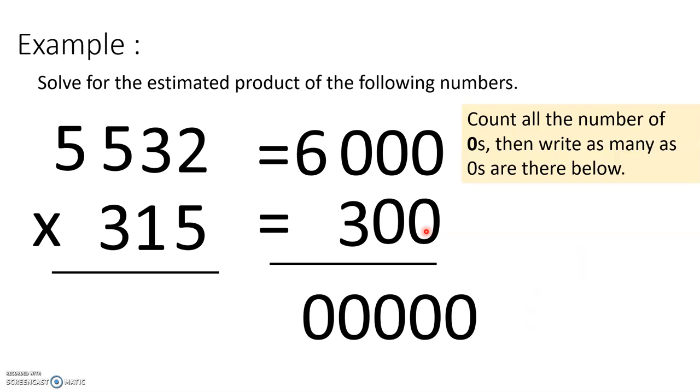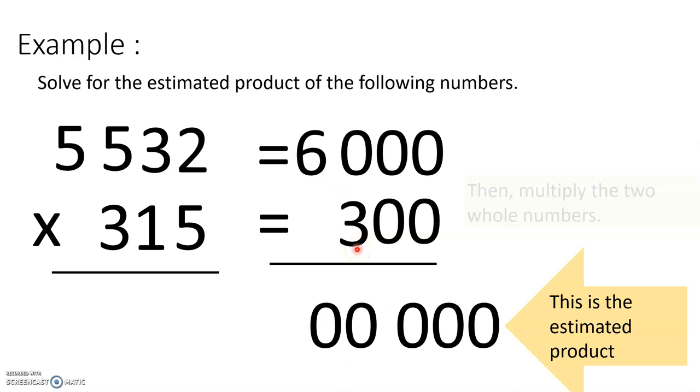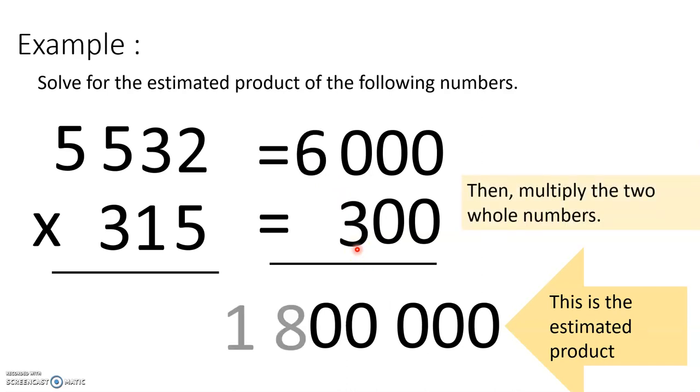Okay. So, there you go. And then, multiply the two whole numbers, which are the 3 and 6. So, 3 times 6 is 18. Okay, so this is now the estimated product. So, ito yung 5 zeros kanina, and then 18.